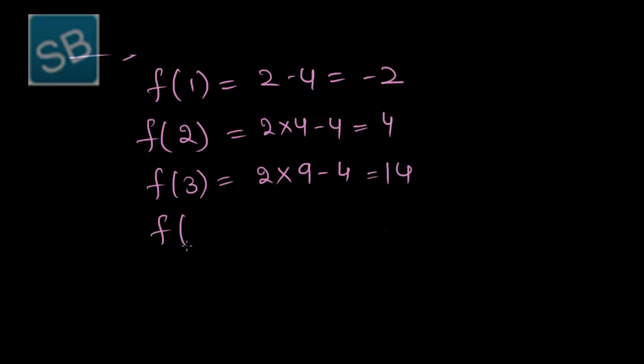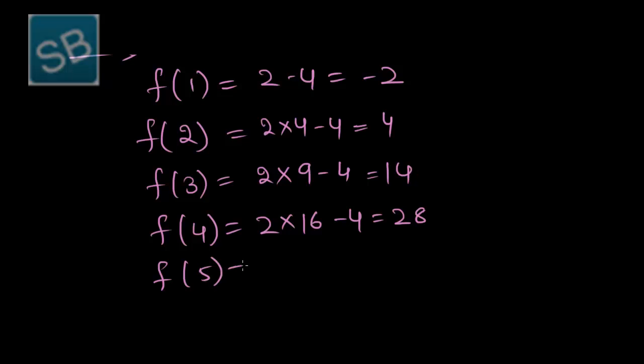Now the fourth term. It is 2 into n square, that is 4 square is 16, minus 4, that is 32 minus 4, that is 28. Now f of 5 is equal to 2n square, that is 2 into 25 minus 4, that is 50 minus 4 is 46.